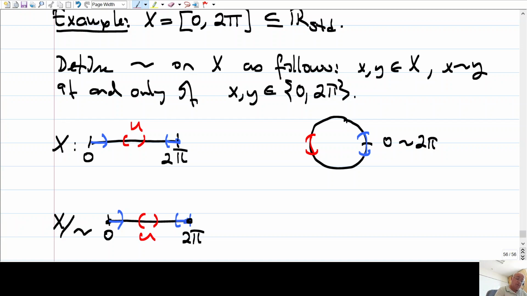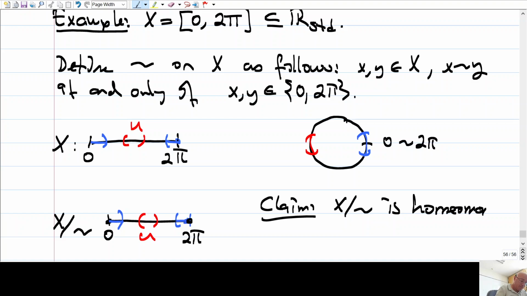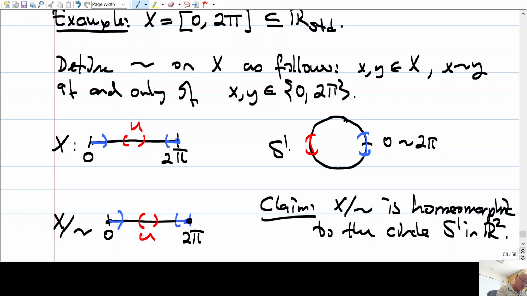Well, how can we say that this quotient space is really the circle? So here is my claim. X divided by this subset is homeomorphic to the circle S1 in R2.